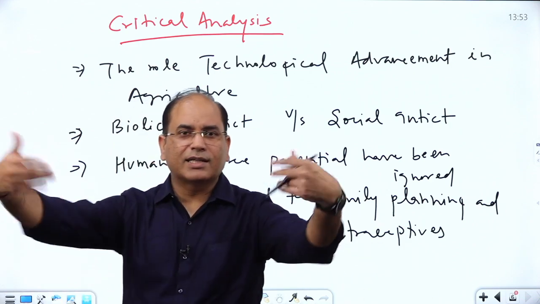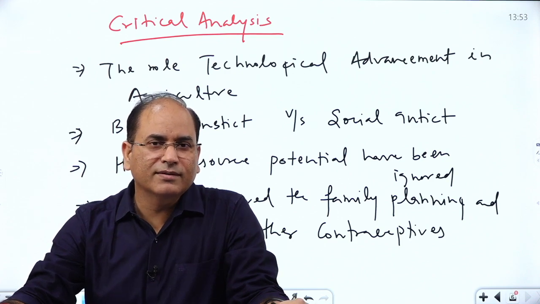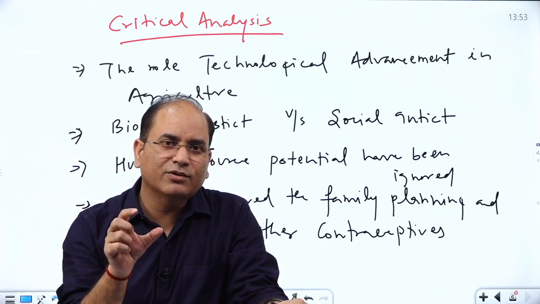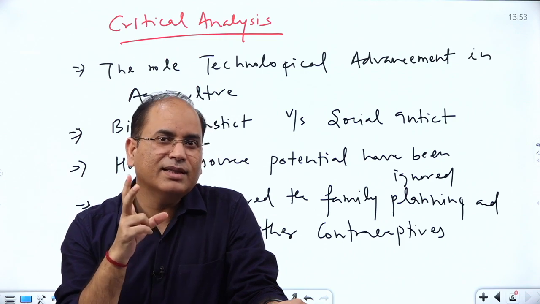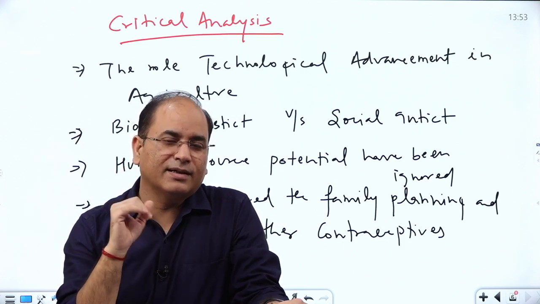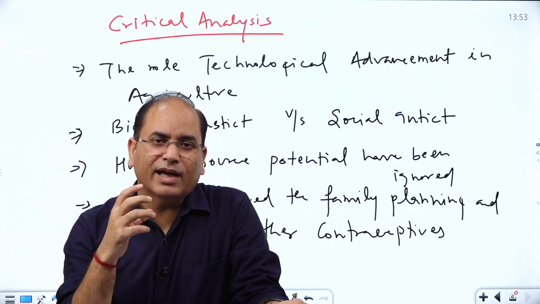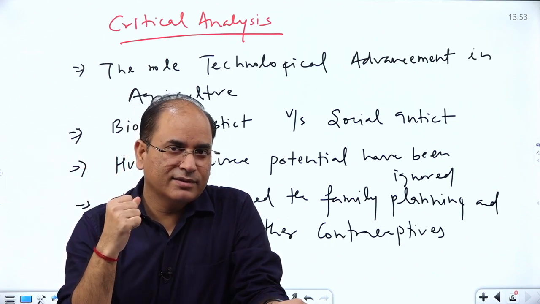Or natural hazards? Do you think natural hazards are associated with population? Natural hazards are associated with natural phenomena. It doesn't mean that a country where the population is optimum is not going to witness earthquakes or volcanoes. Other natural hazards can occur.